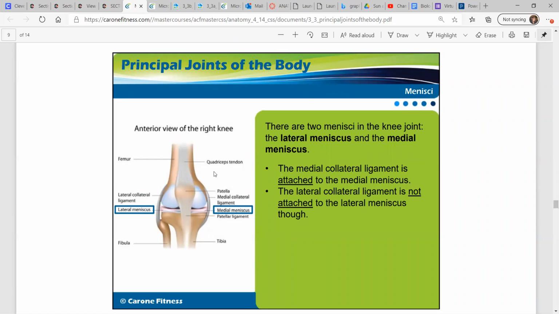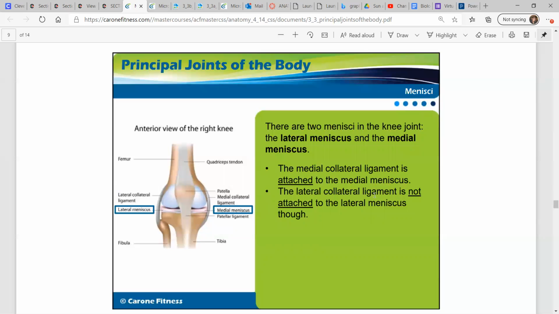There are two menisci in the knee joint, the lateral meniscus and the medial meniscus. The medial collateral ligament is attached to the medial meniscus, and the lateral collateral ligament is not attached. So remember, the medial ligament goes with the medial meniscus.